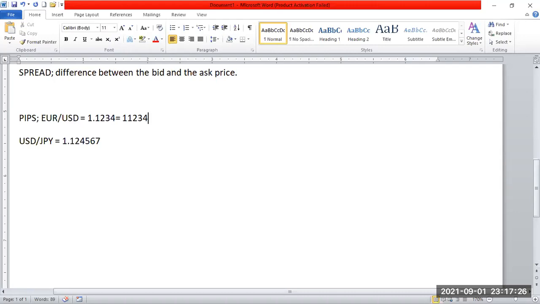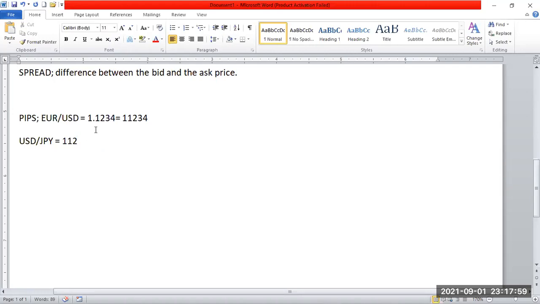Take note, I'm interested in the fourth decimal forward. So in this case, I'm interested in the first and the second number after the decimal forward. These are the numbers after the decimal: 1, 2. I'm not interested in 4, 5, 6, and 7. So this decimal is irrelevant to me. So my pip here is 1, 1, 2.